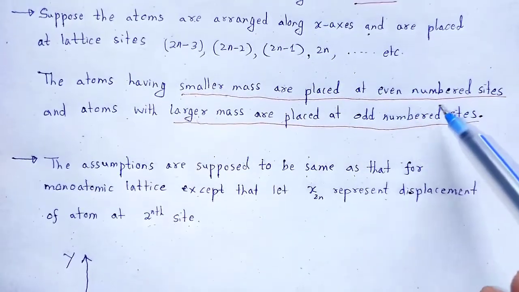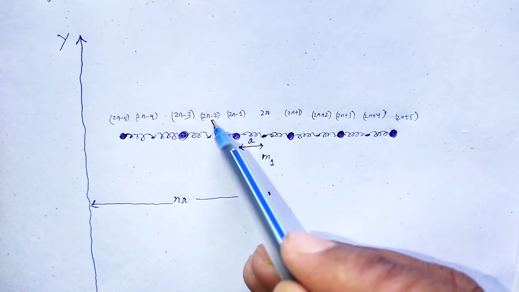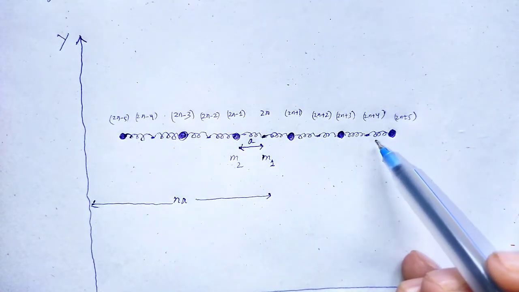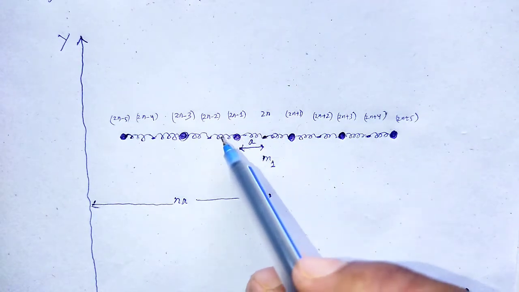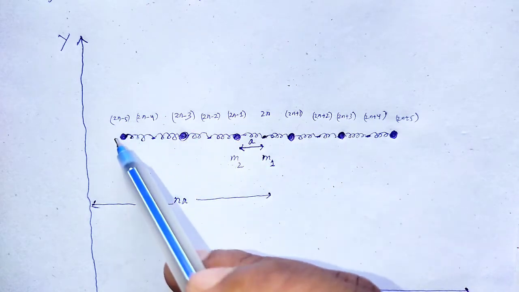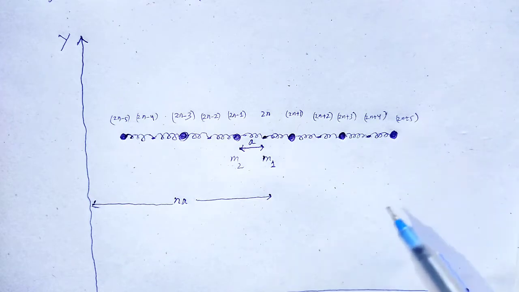Smaller masses are placed at even numbers: 2n minus 2, 2n minus 4, 2n plus 2, 2n plus 4. Larger masses at odd positions: 2n minus 1, 2n minus 3, 2n minus 5, 2n plus 1, 2n plus 3, 2n plus 5.